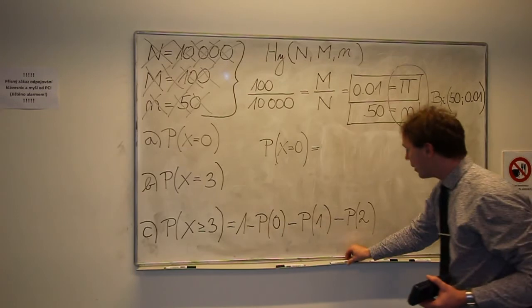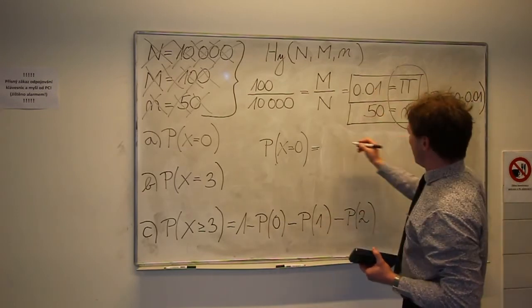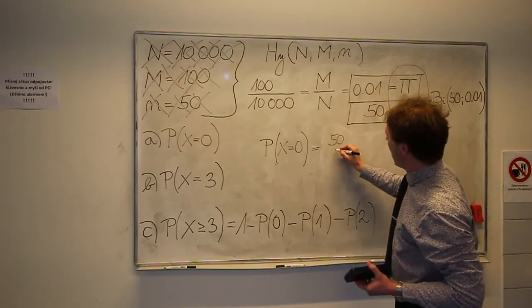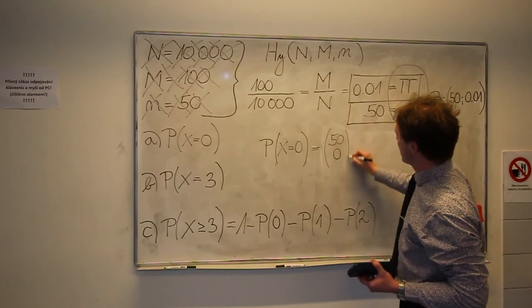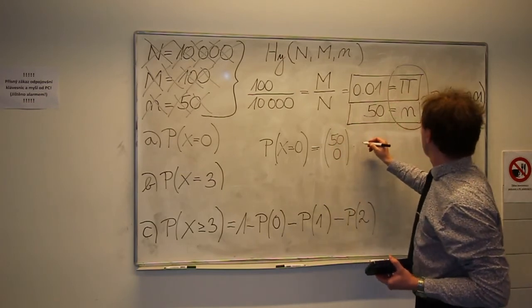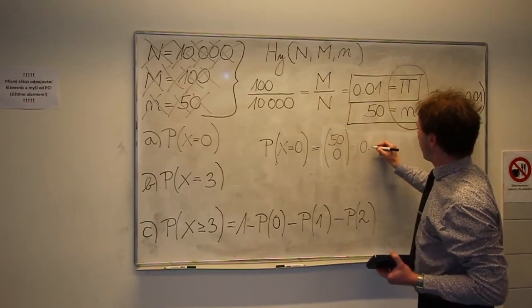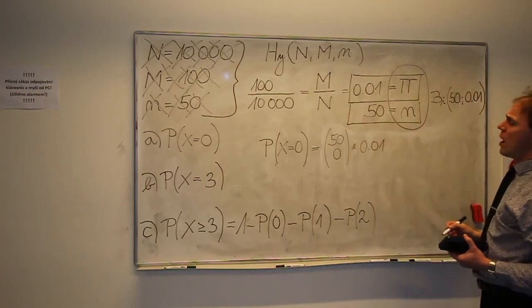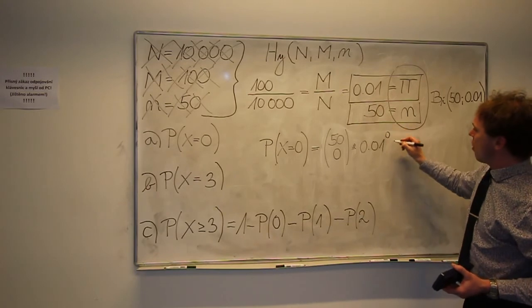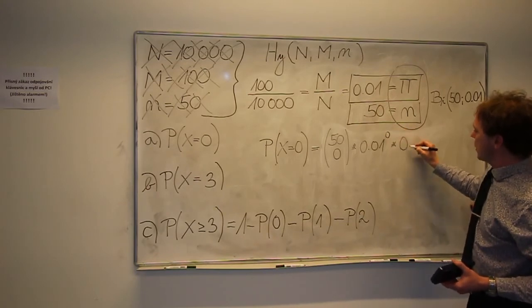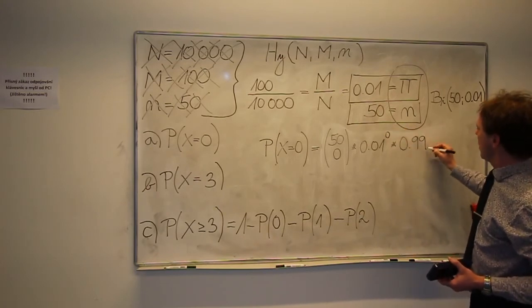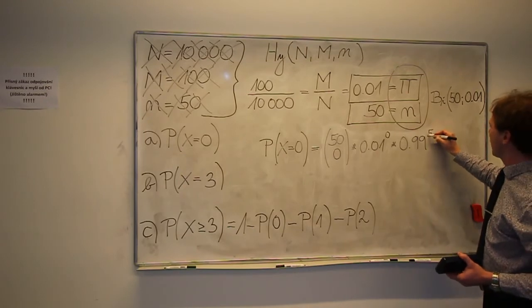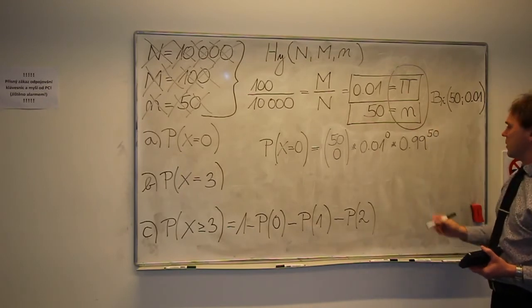So n 50 above 0, times 0.01 powered by 0, times 0.99 powered by 50. Try to calculate this.